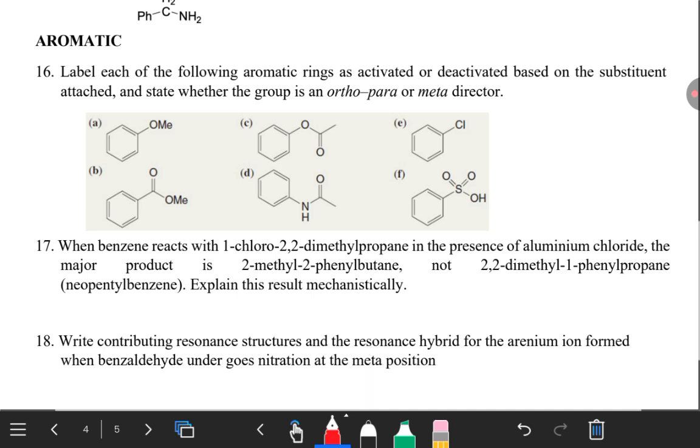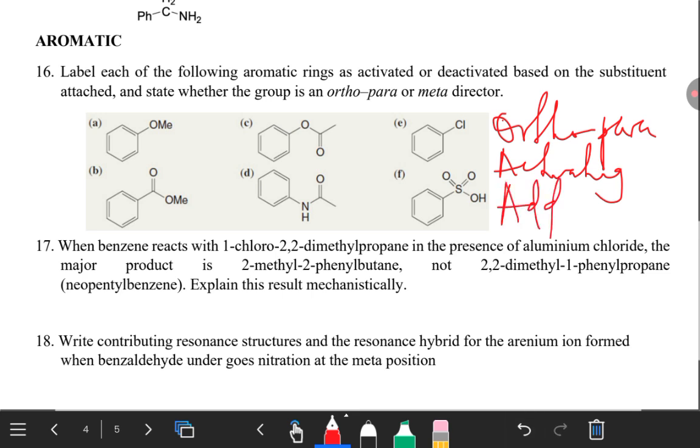One thing we need to understand is that Ortho-Para directors are actually activating groups or activating directors. What I simply mean by activating directors is that they add electrons to the ring.